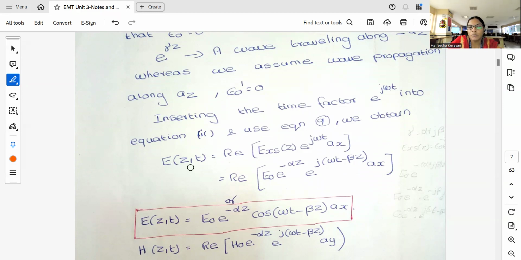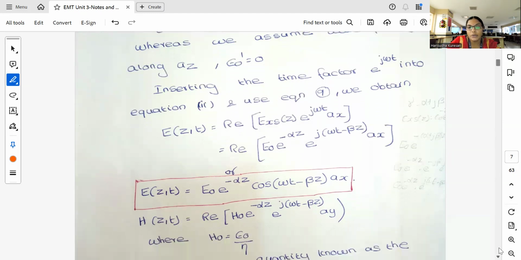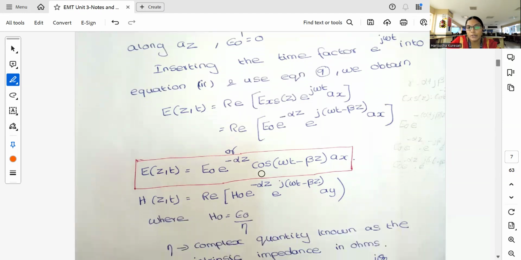Therefore, we get E(z,t) = real part of Ex(z) e^(jωt) ax. Substituting E0 e^(−γz) for Ex(z), we get e^(j(ωt − βz)) into ax, or you can express it as E(z,t) = E0 e^(−αz) cos(ωt − βz) ax.